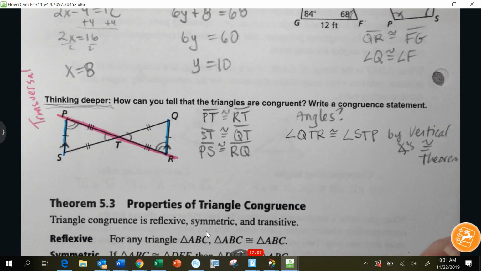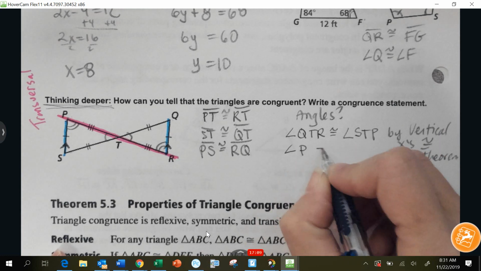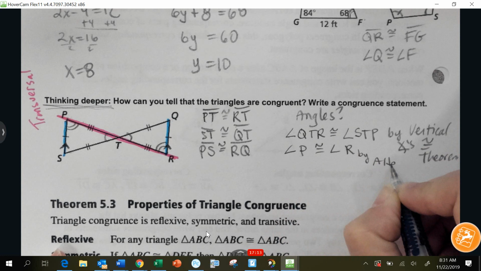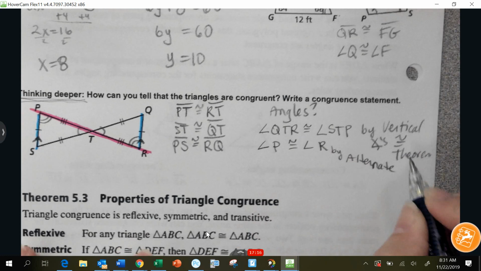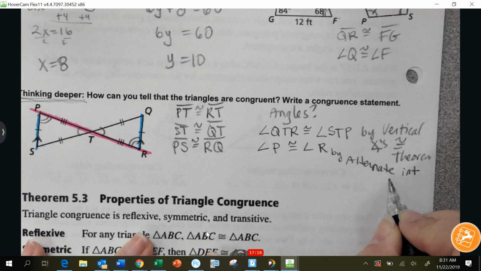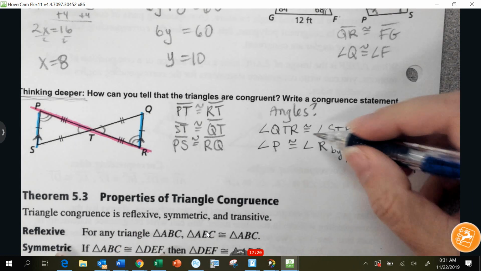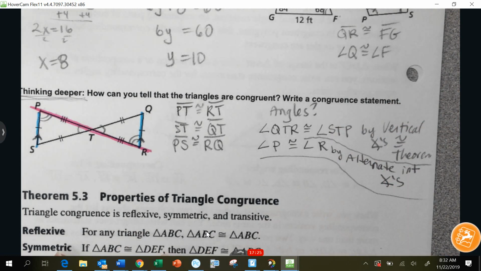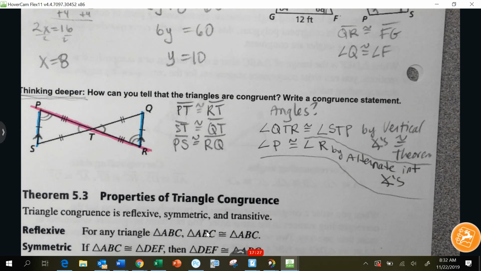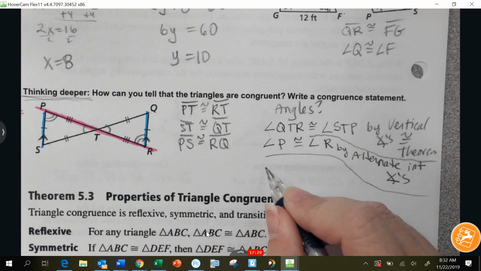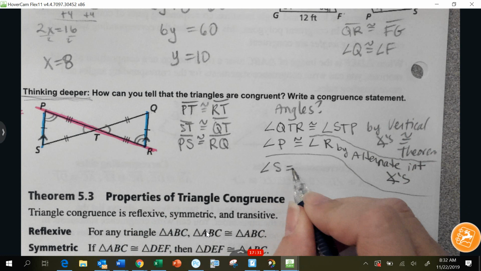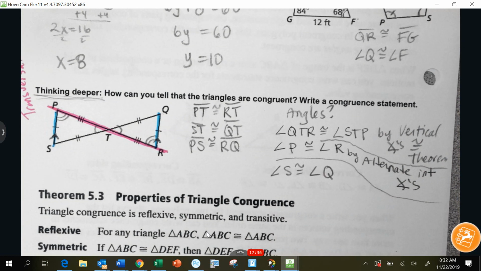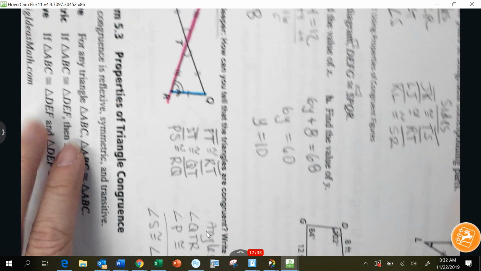So what angles are there? Angle P and angle R, by alternate interior angles. Okay. And then we've got one more. Let's see what's left. We haven't done S and Q, so let's say it's going to be S and Q. But why? Turn it this way again.